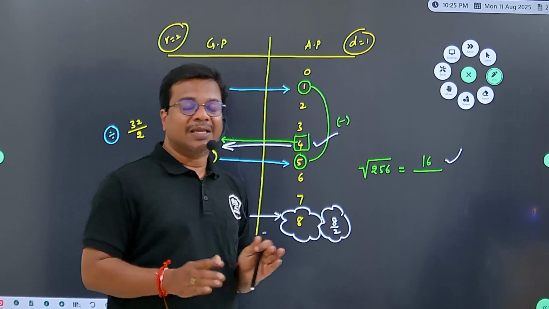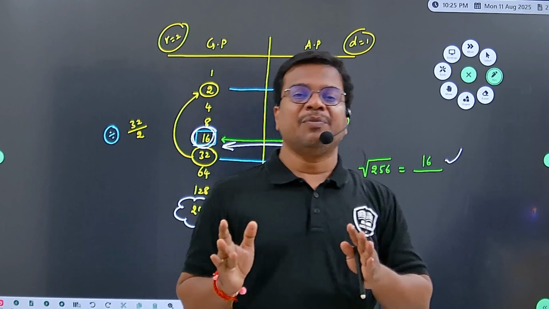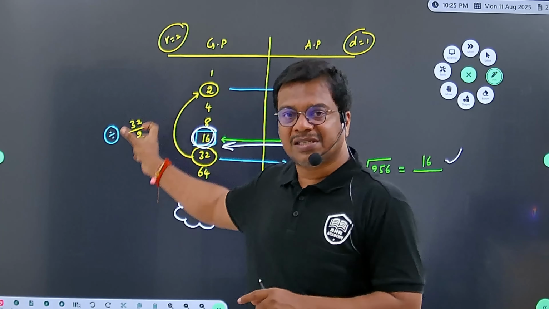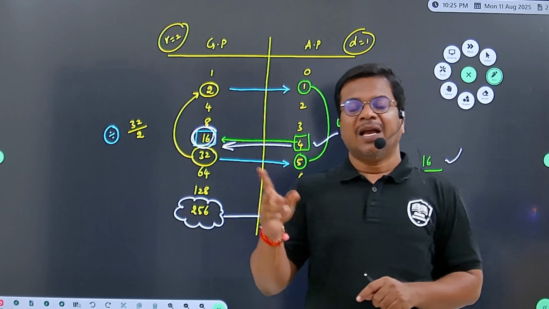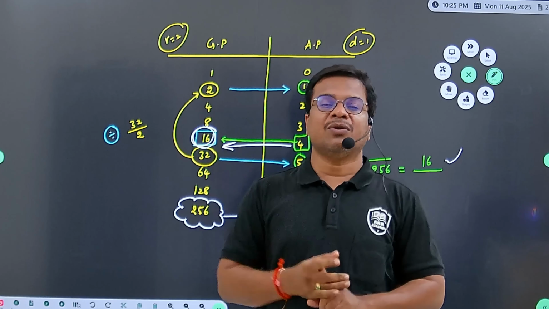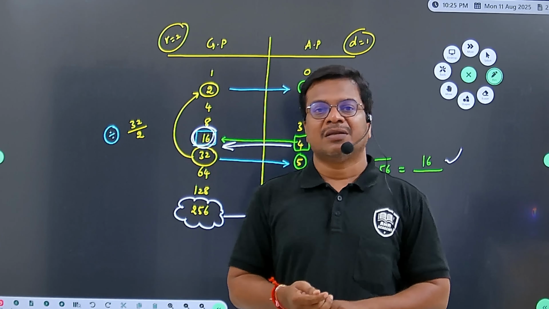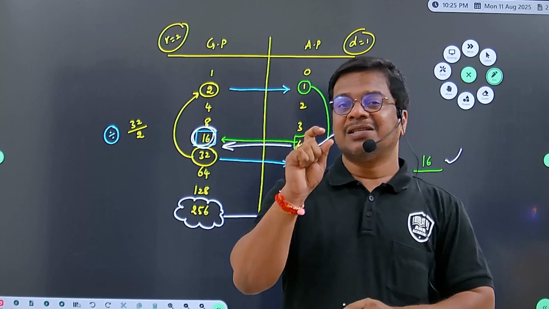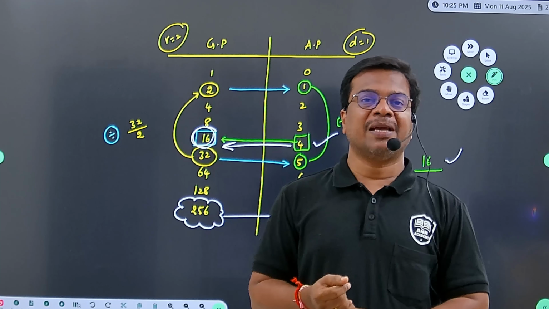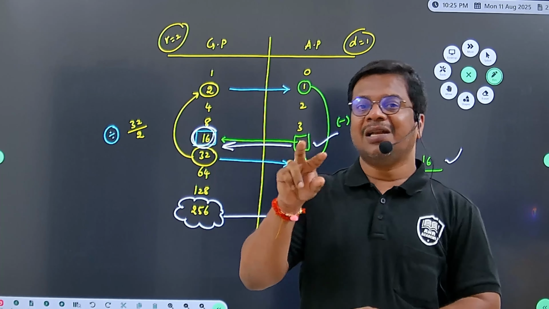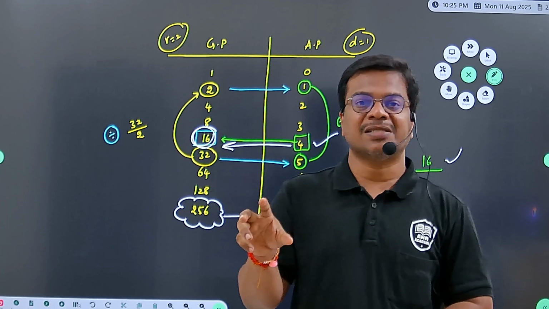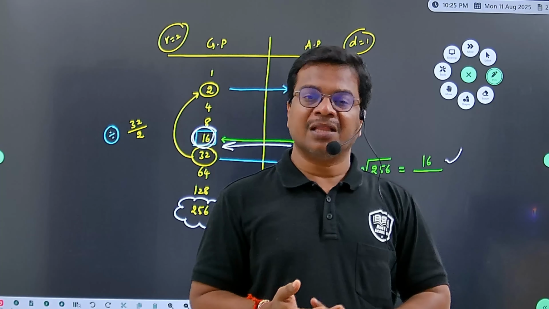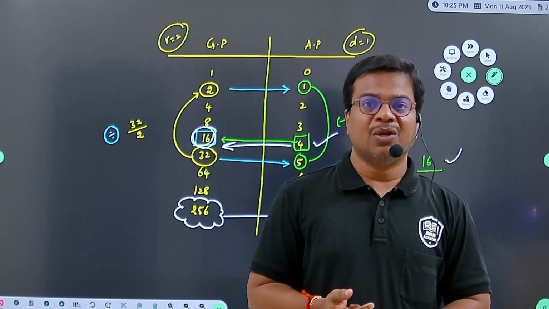So here in the first column you have a sequence of numbers in GP, and the second column consists of a sequence of numbers in AP, and there is a connection between those numbers, so that there is a logic behind the numbers. Logic behind the numbers, numbers is nothing but arithmos, logic means logos.